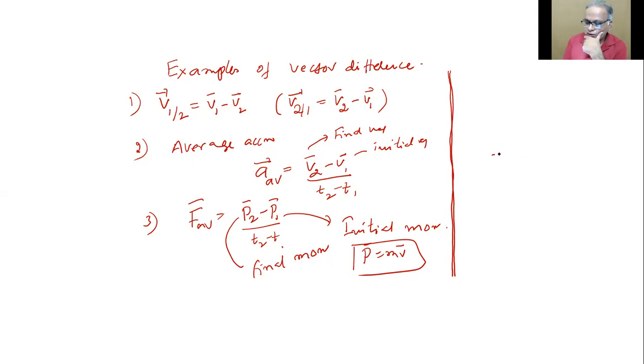See, a particle has a velocity like this, which may be 10 meters per second in this direction, you may call it v1 bar or vector v1. Some force acted and we don't know, but the velocity changed like this in a certain time.